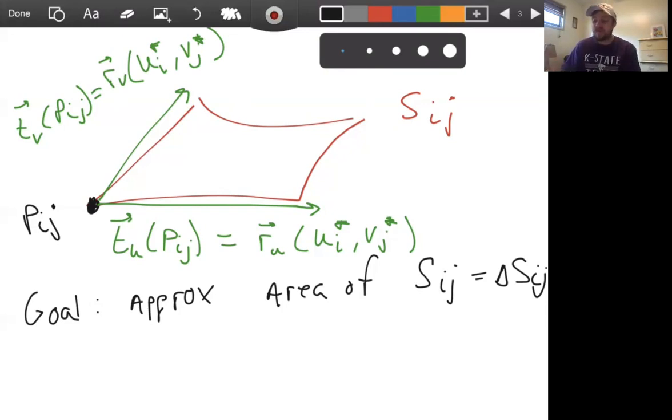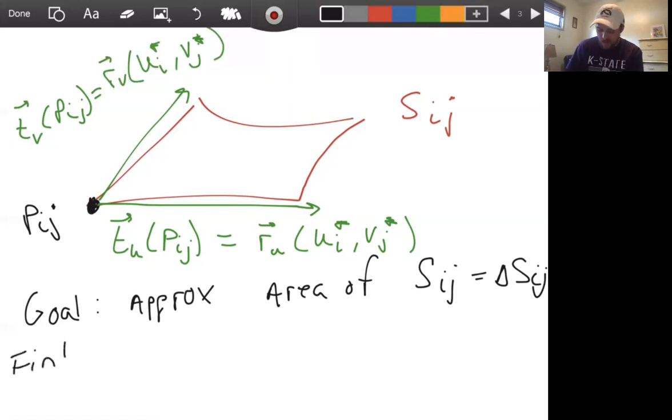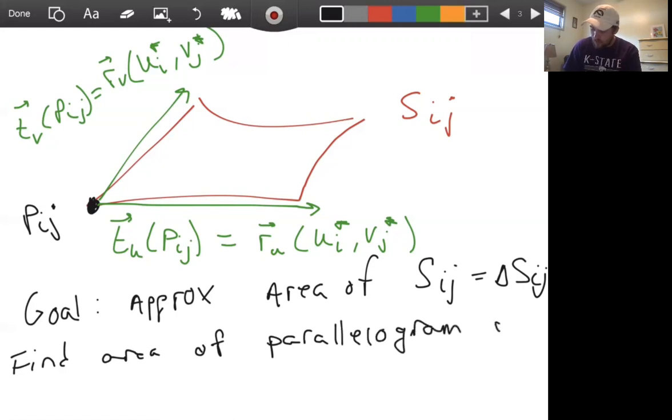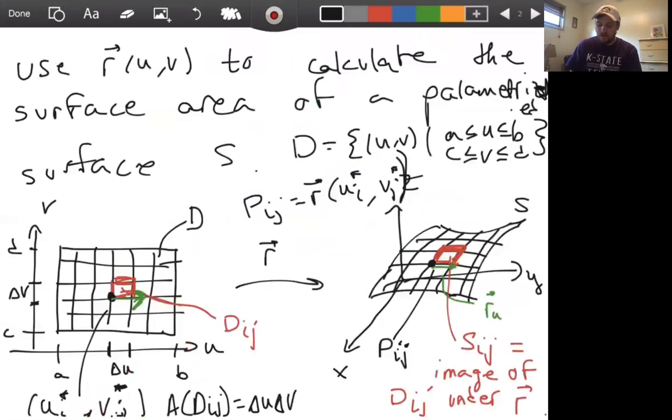However, we do need to scale this. We need these to be at an appropriate length. So we need to scale these vectors accordingly. And so because of that, we want to find the area of the parallelogram with edges delta u Tu, because now we're scaling it by this delta u to make sure that it's the appropriate length.